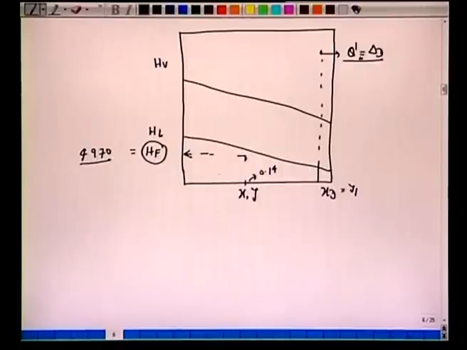Now if we connect these 2 points, all right, we know this bottom product composition, which we calculated, or it was given as 0.016. Now this is your XF.